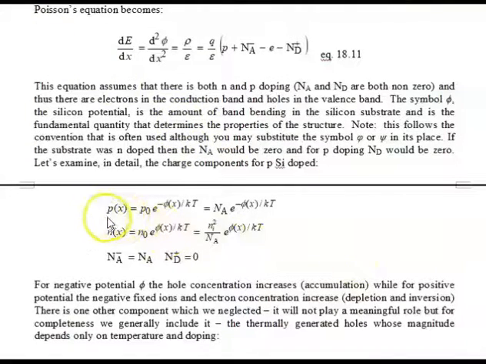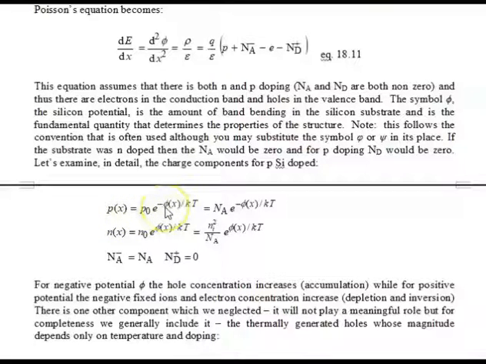First, the review part. The number of holes as a function of x is equal to the p0, which is the doping concentration, multiplied by the exponential term where the minus sign is important. I didn't include the q here because I don't think it's important. This is obviously in electron volts. Here we have a minus sign because the number of holes as we move from the bulk toward the surface is going to be reduced. So if phi goes up in a positive sense, this will be a negative term and the number of holes will go down.